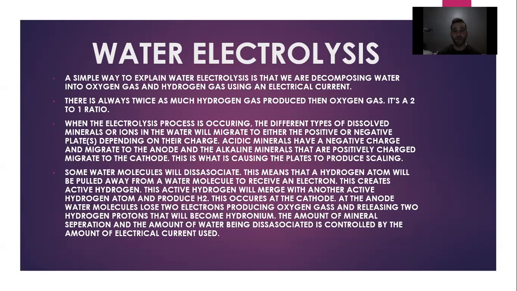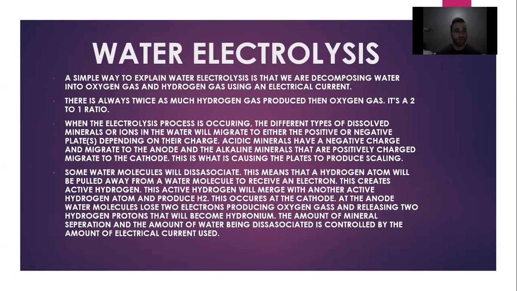This means that a hydrogen atom will be pulled away from a water molecule to receive an electron. Okay, this creates active hydrogen. This active hydrogen will merge with another active hydrogen atom and produce H2. This occurs at the cathode.